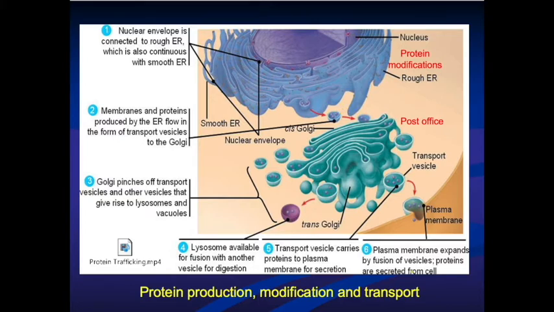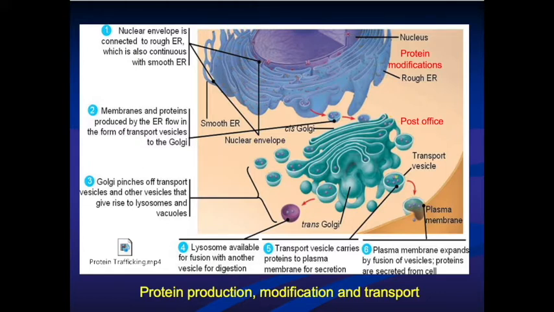After proteins have been produced or modified in the ER, they will be transferred in the form of vesicles. So the membranes and proteins produced by the ER flow in the form of transport vesicles to the Golgi, also referred to as the post office.